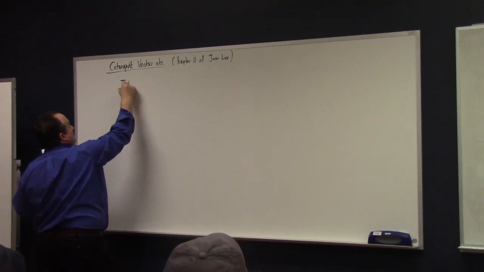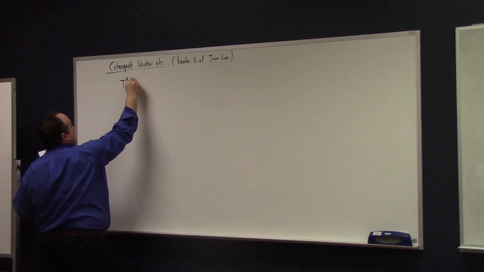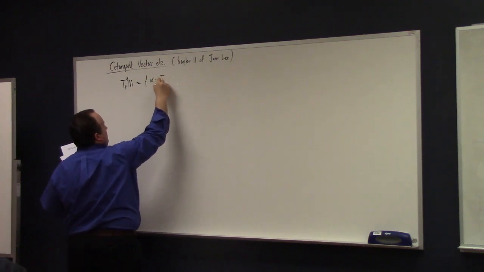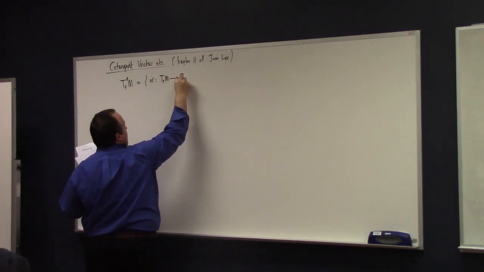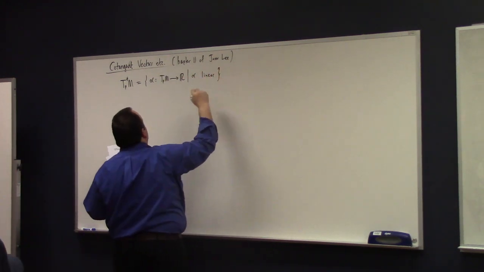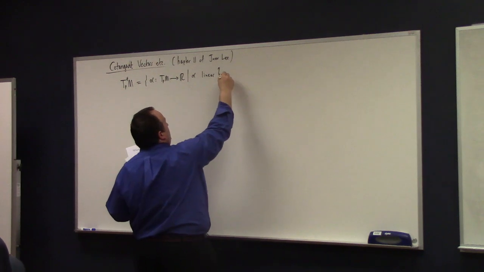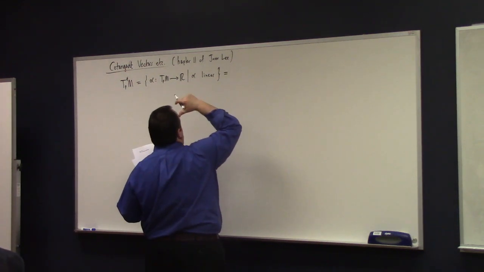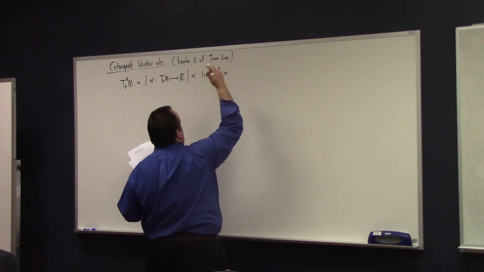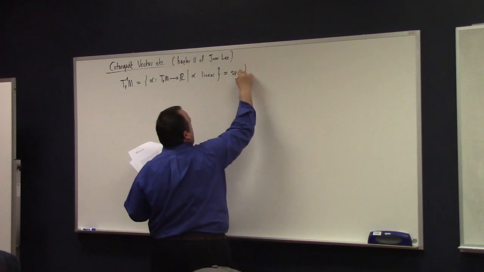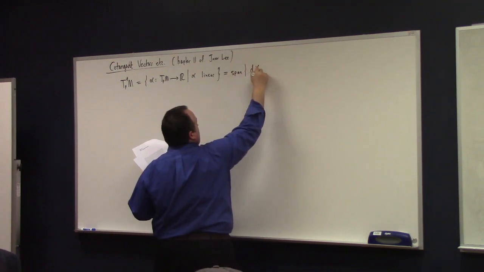T_p^*M is basically the set of alpha going from T_pM to R such that alpha is linear. And we discussed last time that if we have a coordinate chart, then a basis for this is these guys.